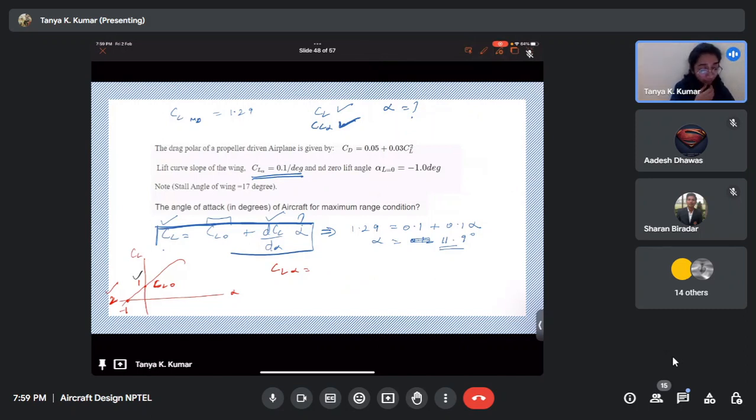So what is the value of CL at point 2? 0, correct? Value of CL at point 2 is 0. Value of CL at point 1 is CL naught, correct?